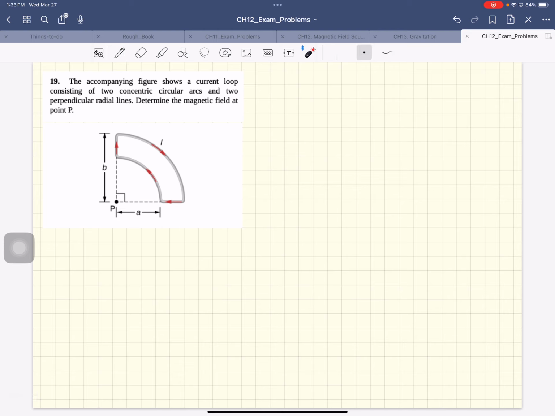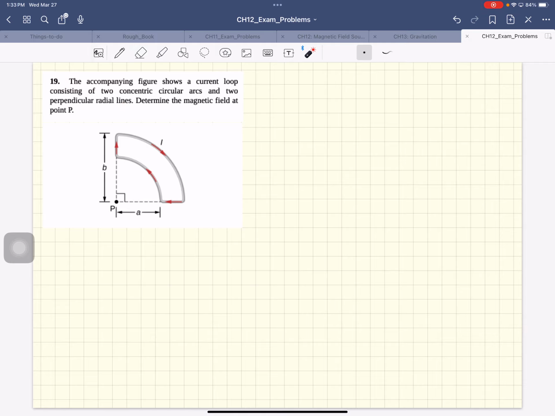So here's a current, now in the form of a loop, and you want to find the field at this point. The accompanying figure shows a current loop consisting of 2 concentric circular arcs and 2 perpendicular radial lines.